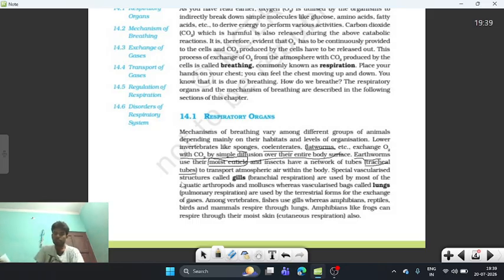Special vascularized structures called gills, which are for branchial respiration, are present in aquatic arthropods and mollusks, whereas vascularized bags called lungs are used by terrestrial forms. Gills you can see in aquatic arthropods, mollusks, and also fishes. They have missed the fish part.